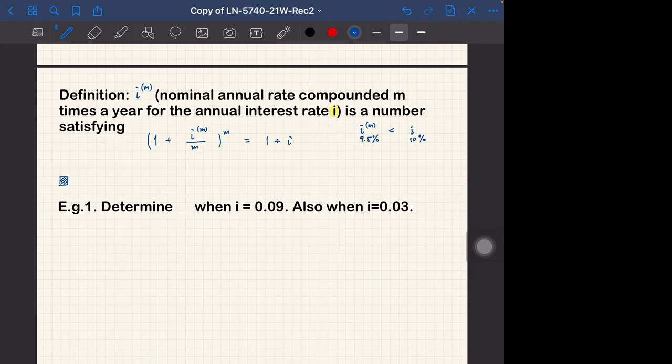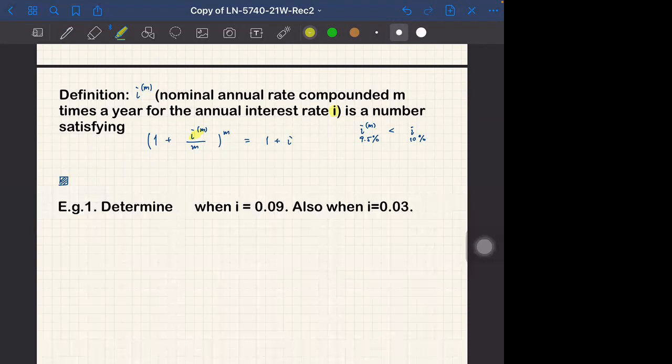So if we solve this equality for i superscript m, then we take the 1 over m's power, then we move 1, then finally we multiply by m.